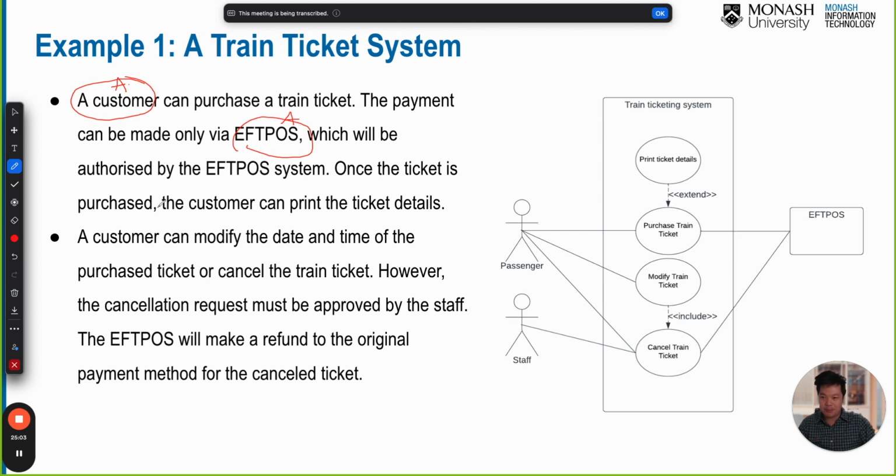Once the ticket is purchased, the customer, again the same actor, can print the ticket details. A customer can modify the date and time of the purchased ticket, however the cancellation must be approved by the staff. This is another actor. The EPOS will make a refund to the original payment method. So now we have the actors.